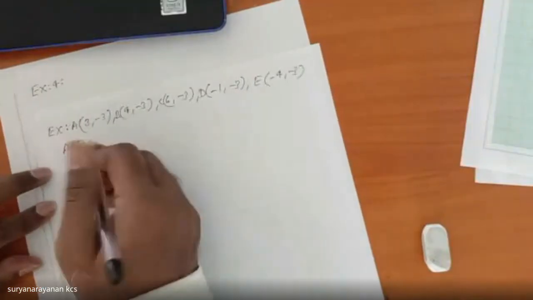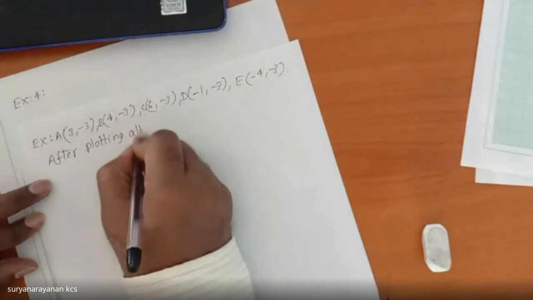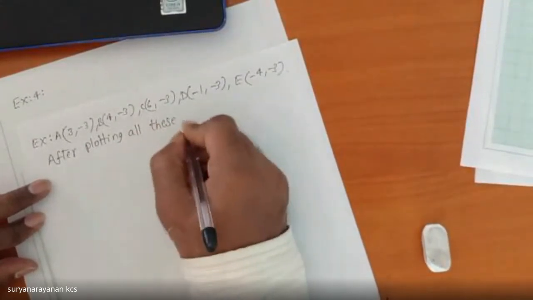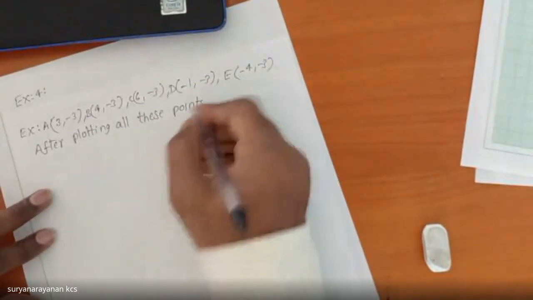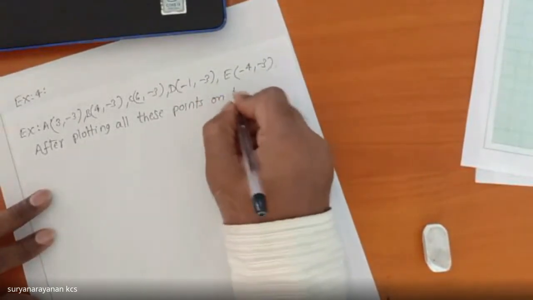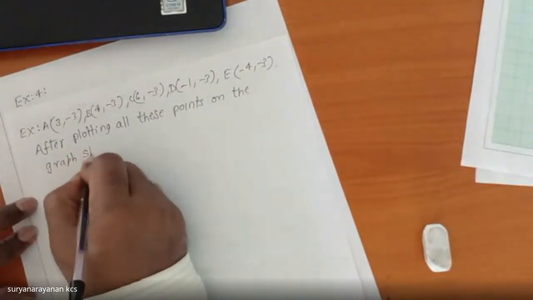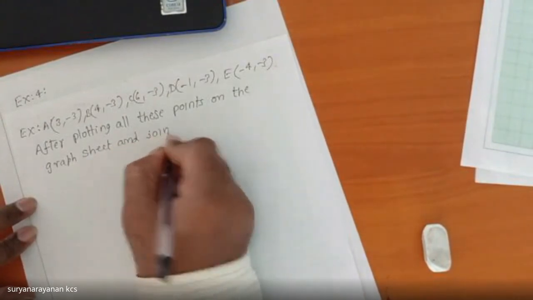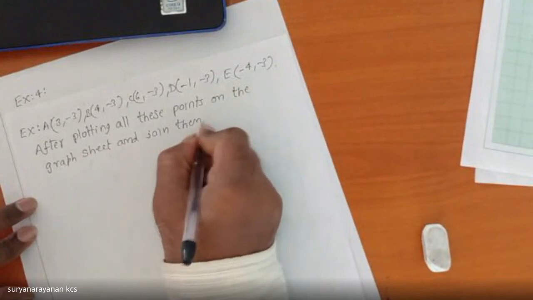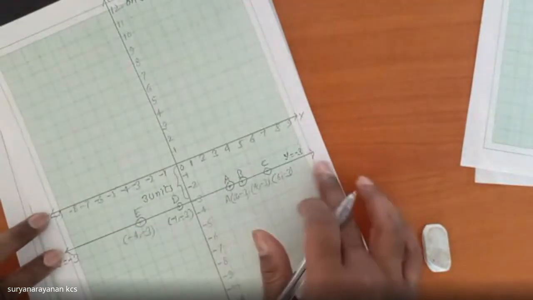After plotting all these points on the graph sheet and joining them, we have joined all these points.